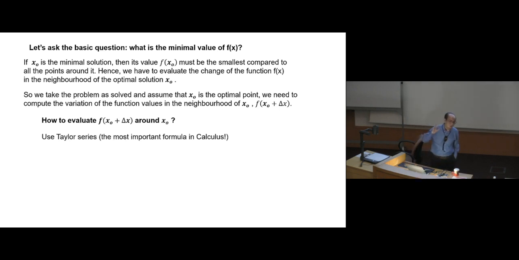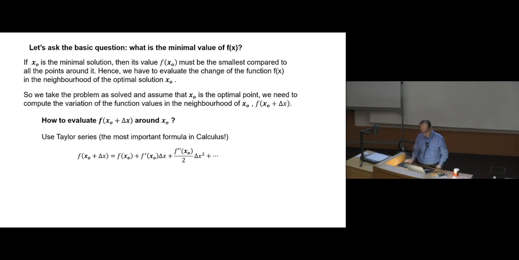Taylor series is the most important formula in calculus. From the Taylor series, I can express f(x naught plus delta x) as the value of f(x naught) plus the first order derivative times delta x plus the second order derivative times delta x squared over 2. And of course, there may be some other higher order terms.